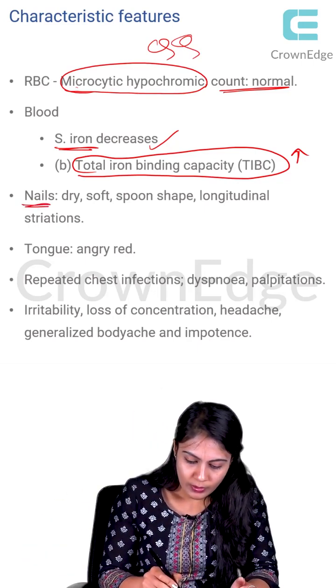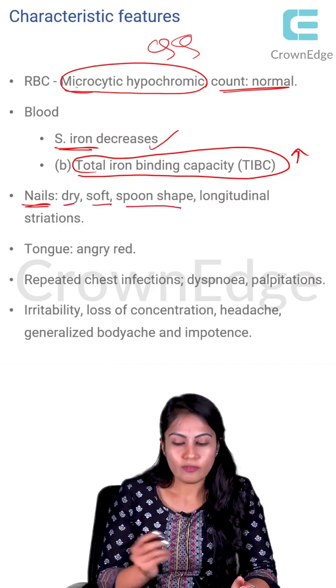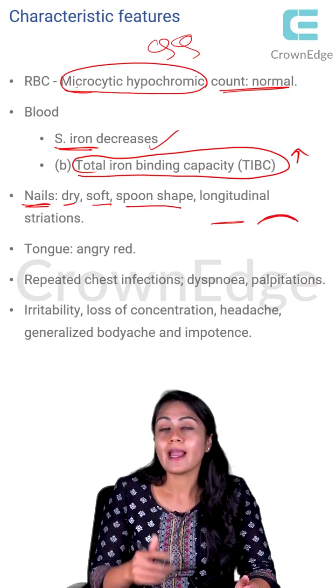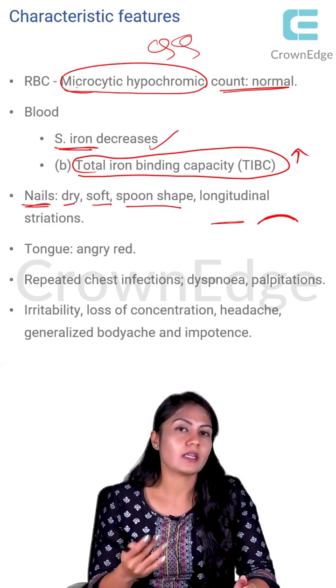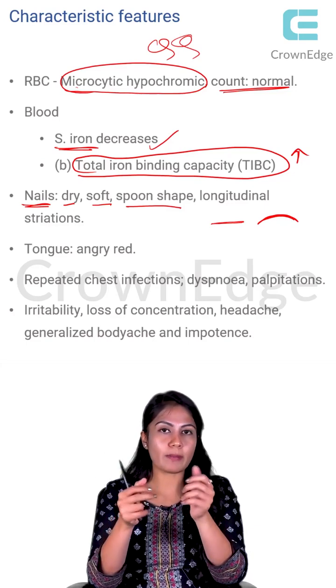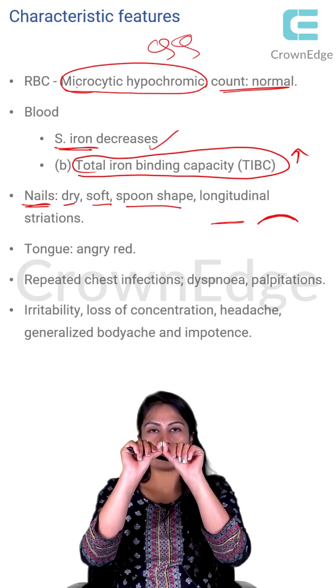Then if you look at the nails, they will be dry, soft and spoon shaped. Nails should be almost flat, but here you see the spoon shape, and that's why we do the diamond test. What is the diamond test? It is very easy. Whenever the patient comes to the OPD, we ask them to do like this, right?